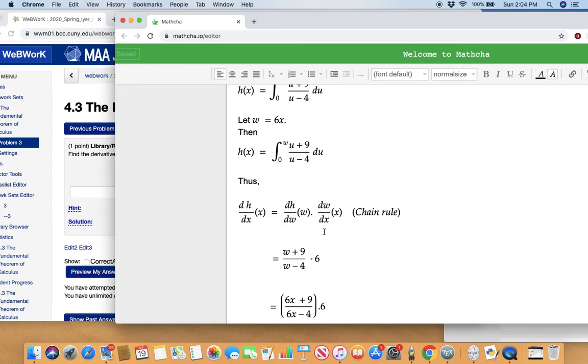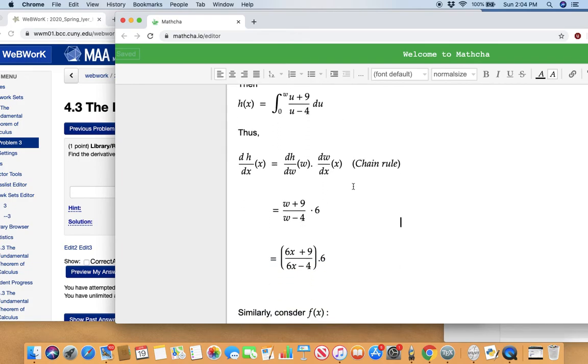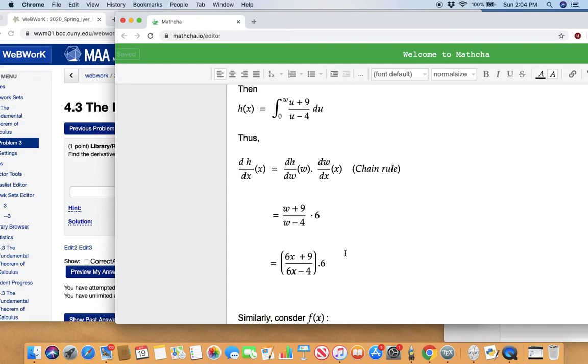Times, by the chain rule, the derivative of w. w was 6x, so its derivative is 6. My question was in x, so my answer should be in x. w is 6x, so it is 6x plus 9. You see, where I see w, I place 6x, and there is a 6 outside. So this is using the chain rule.